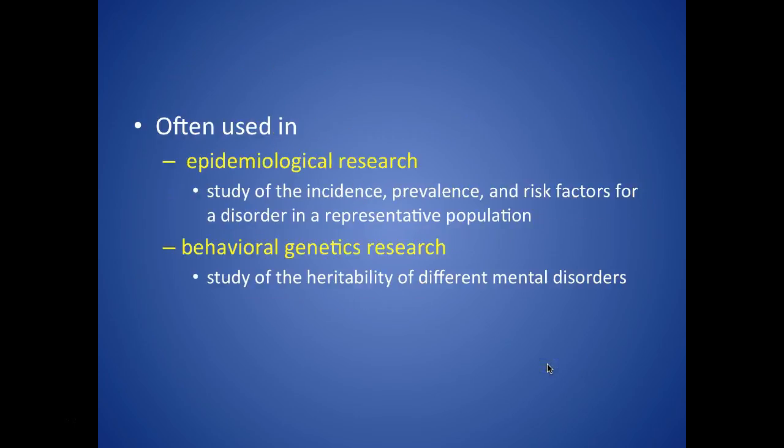Correlational research is often used in epidemiological research, where you study the incidence, prevalence, and risk factors. An example I previously gave was people who developed AIDS. When this first started, in the early 1980s, no one knew exactly what was going on. They just knew certain people were getting sick and dying. So they started doing epidemiological research. In other words, they started to check to see what this disorder was correlated with.